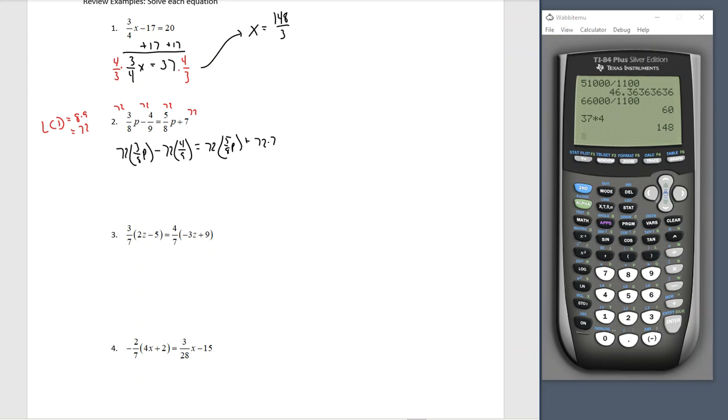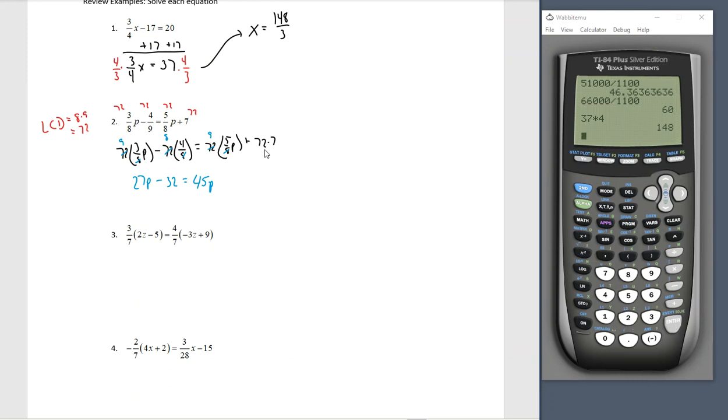Now, as I'm looking through these, notice that 72, least common denominator, 8 goes into 72 9 times. 9 times 3 is 27p. 9 goes into 72 8 times. 8 times 4 is 32. 8 goes into 72 9 times. 9 times 5 is 45p.